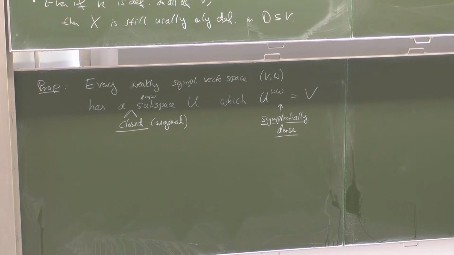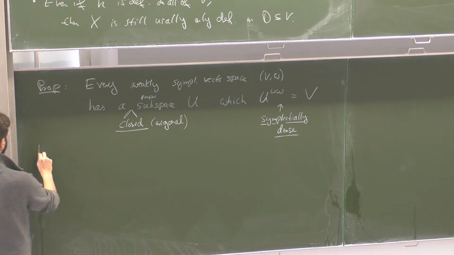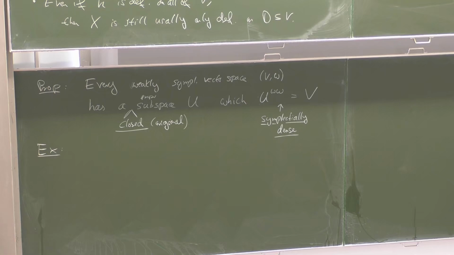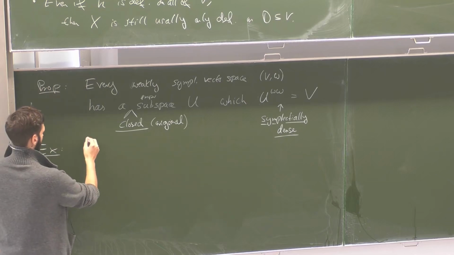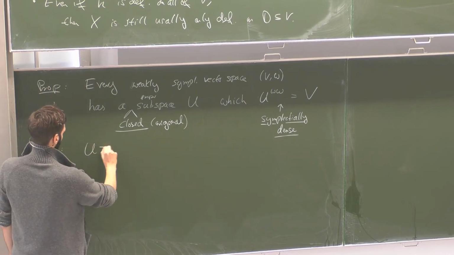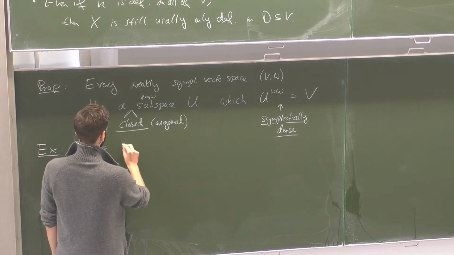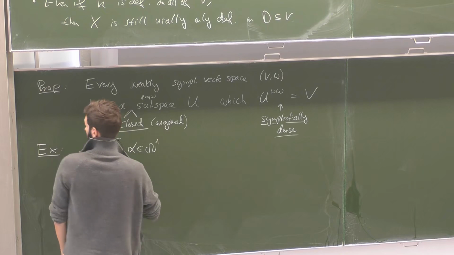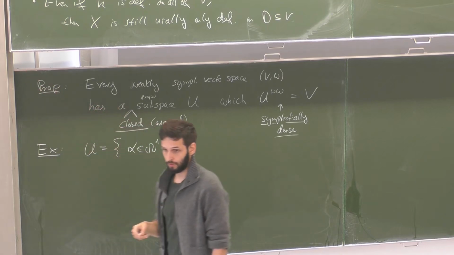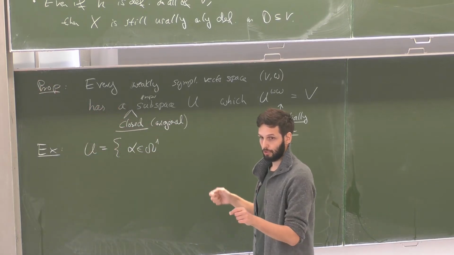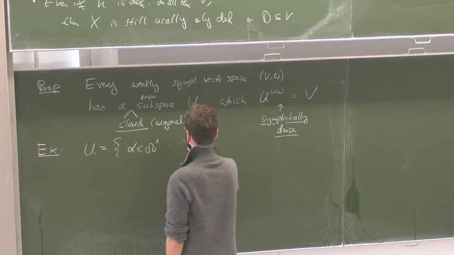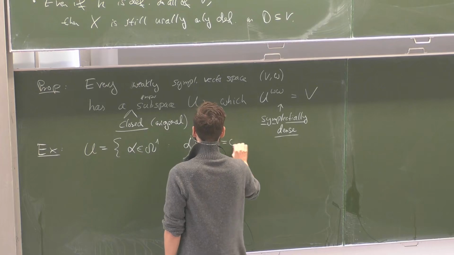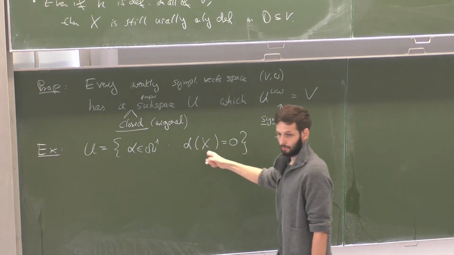And just to give you an example that these are not pathological things, you could, for example, consider U to be the space of one forms, in the example I had before of the pairing of one forms with one forms, and we just assume that alpha vanishes on a given tangent vector.